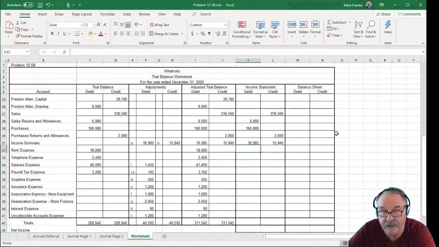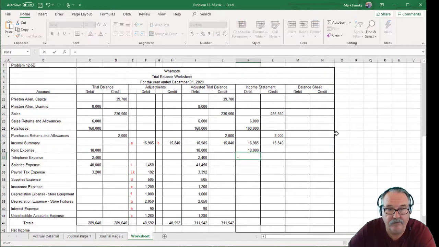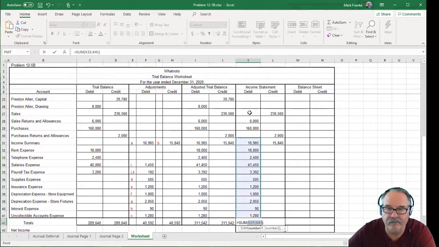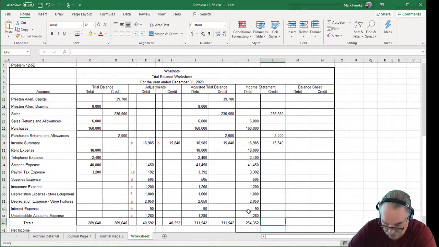Then we've got rent, telephone, salaries, payroll tax expense, supplies expense, insurance expense, depreciation expense on the store equipment, depreciation expense on the fixtures, interest, and our uncollectible accounts expense. We total up the left side, which is the expenses and negative revenue, 254,352.